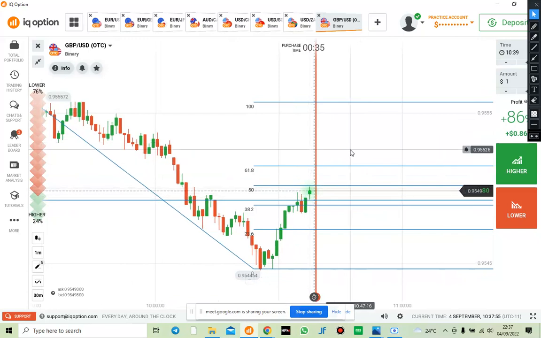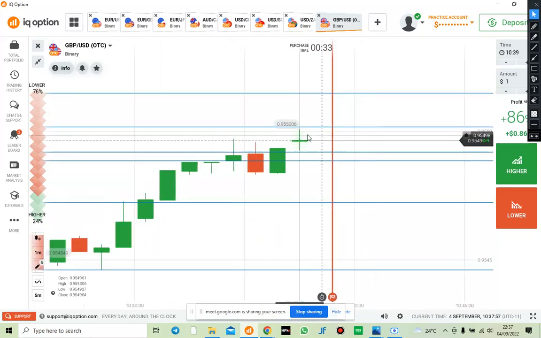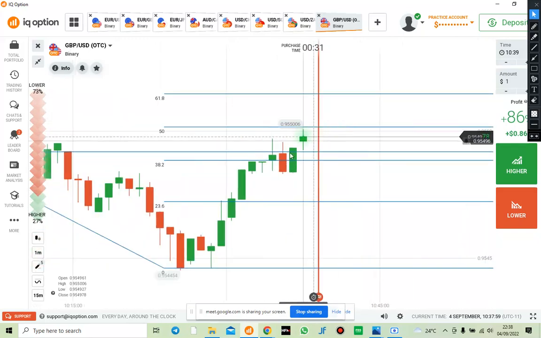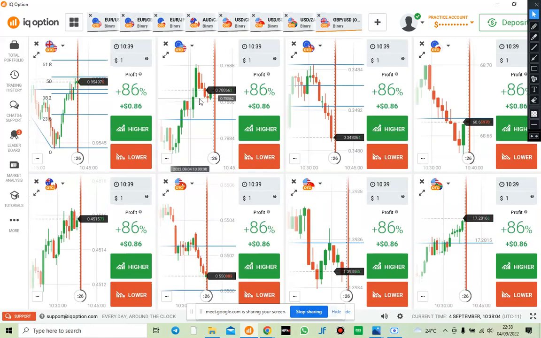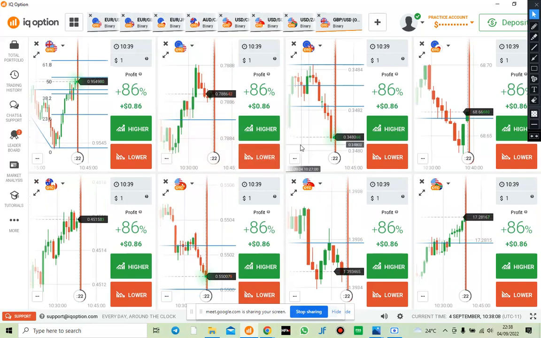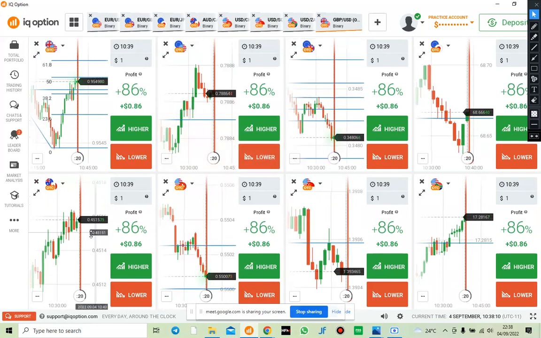I expect the next candle to be red, but there's a gap up. There's a gap, a run away candle. So many gaps.